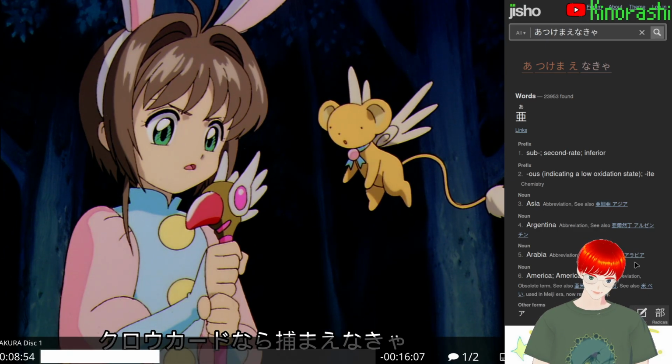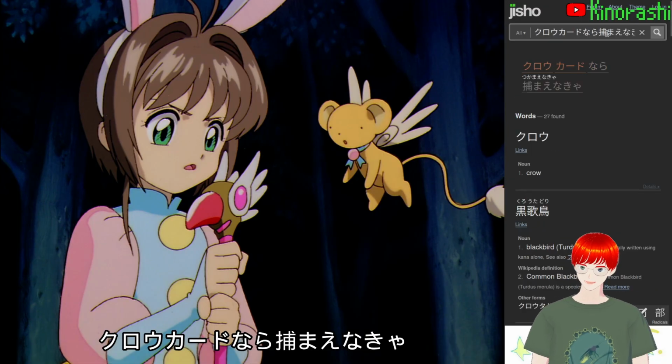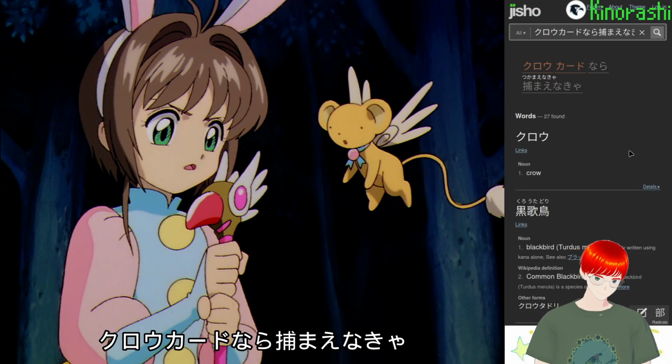So, tsukamae nakya, which comes from tsukamae nakereba, which is a shortening of tsukamae nakereba ikemasen. In other words, I have to capture. So, cloud card nara, tsukamae nakya.